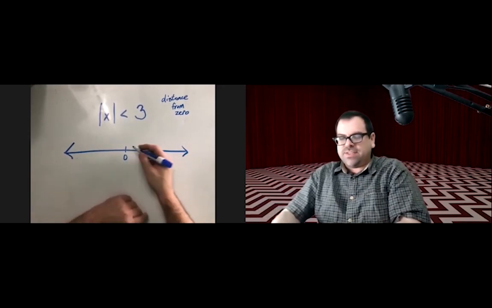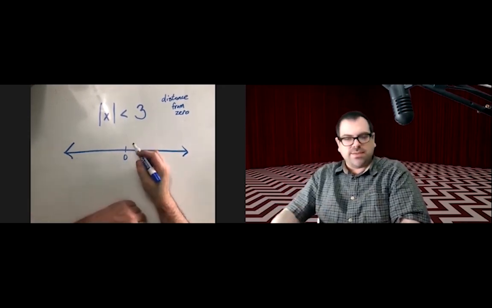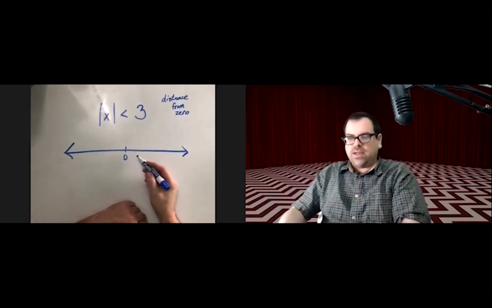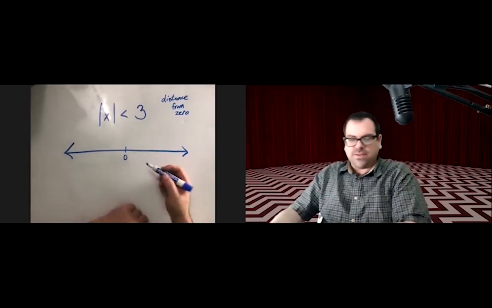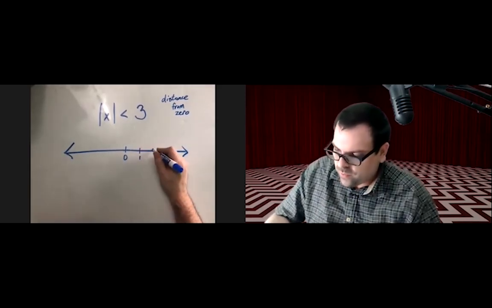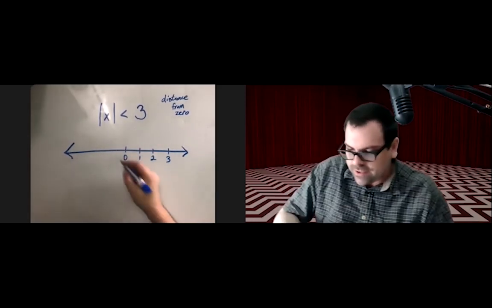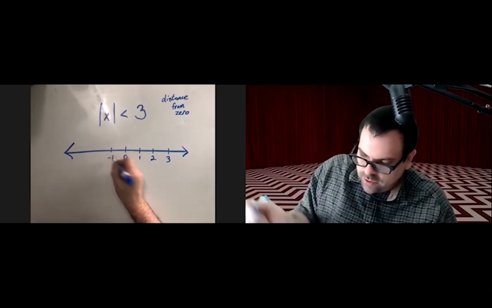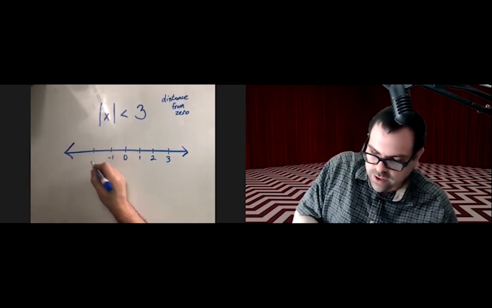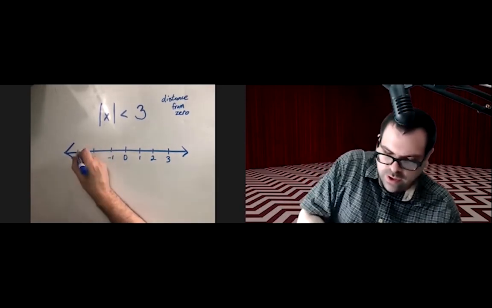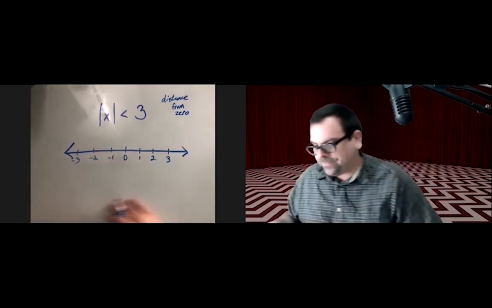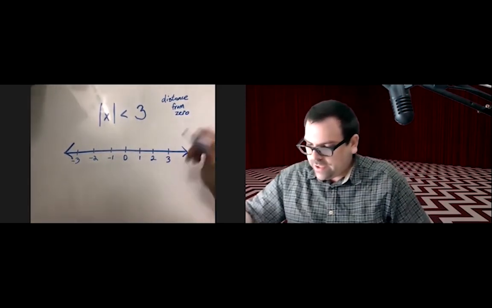So on the positive side, let's shade some things that are a distance from 0 less than 3. I'll give us a 1, a 2, and a 3, like it's a Tootsie Pop commercial. And some negatives, a 1, a 2, a 3.